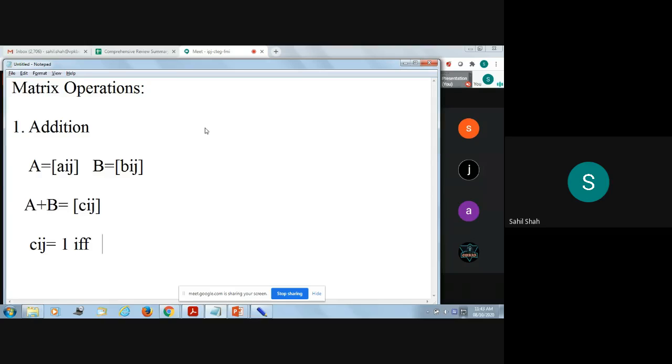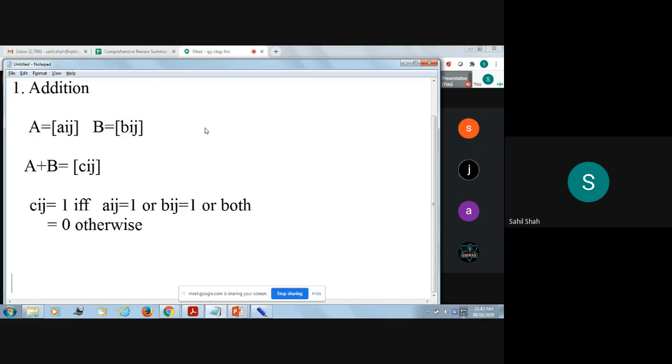Cij will be 1 if and only if either A of ij is 1 or B of ij is 1 or both. I must write or both. And this will be 0 otherwise. If the initial condition fails, you are going to put it 0.